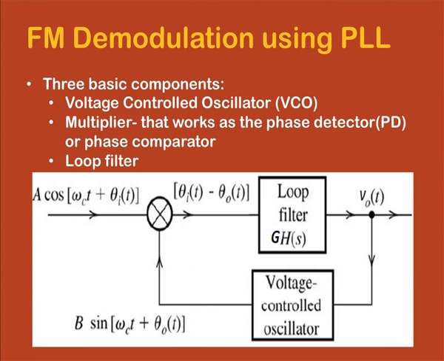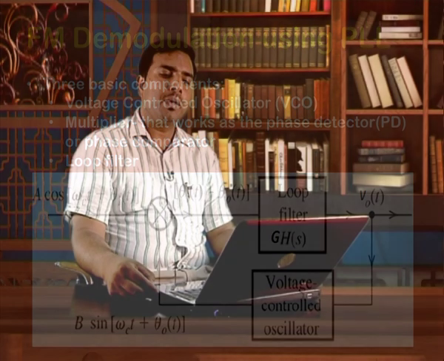This phase error is then fed to a loop filter, and the output of the loop filter, V_o, is fed back to the VCO. This error voltage V_o allows the VCO to track the phase of the input signal, and by processing V_o we can get the information corresponding to the modulating signal.